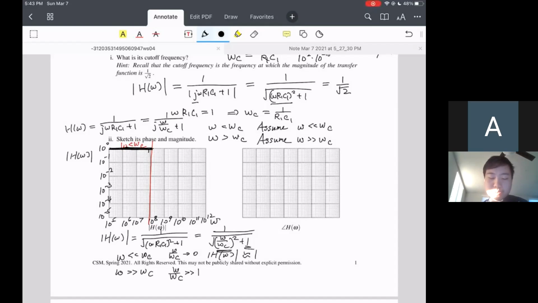So we're just going to ignore this one term and say that the magnitude of h of omega is approximately 1 over omega over omega c, which is equal to omega c over omega. So as the frequency gets multiplied by 10, the transfer function's magnitude gets multiplied by 1 over 10. And so that means we're going to have a linear graph on the magnitude plot, like this.